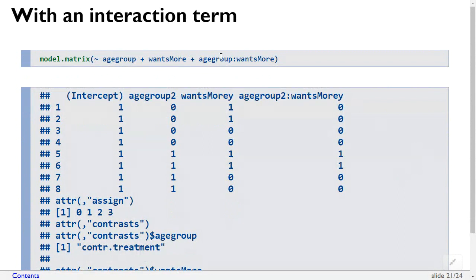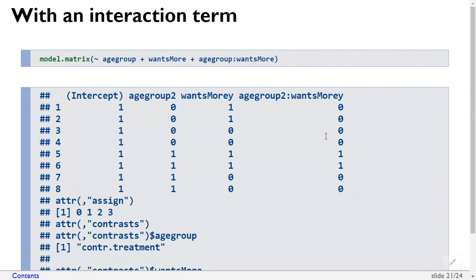If there is an interaction term, here we're just adding another column to the design matrix. And just like when we wrote it out in the formula, it's just a product of these two. So when there's a 0 and a 1, 0 times 1 is 0. Only when we have a 1 and a 1 is the interaction term 1.